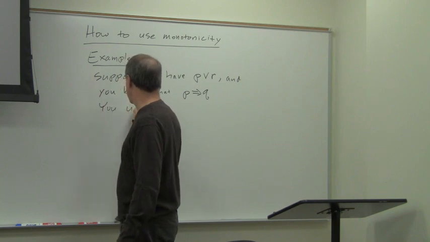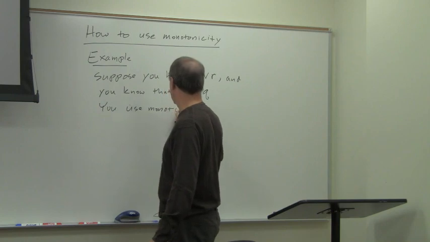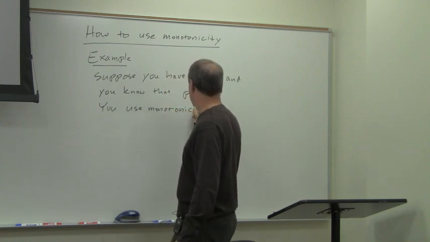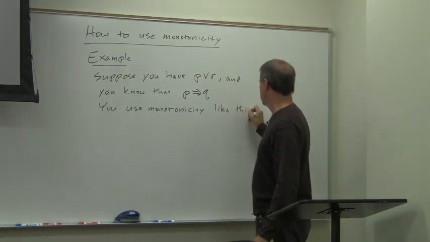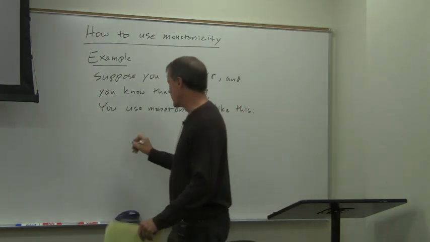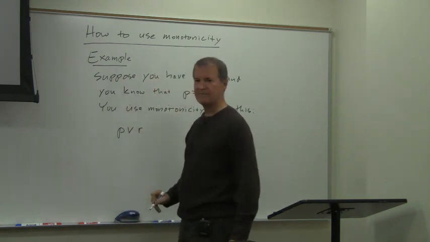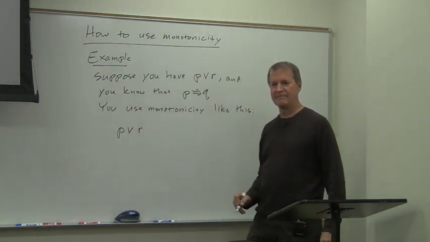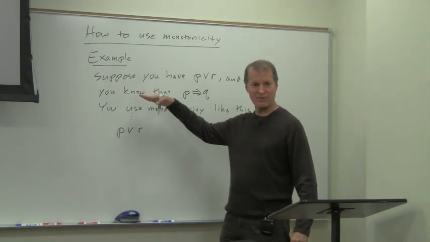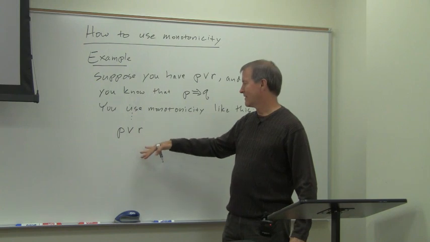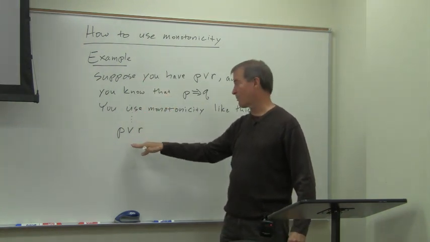Then here's how you use monotonicity. You've got P or R, as part of the proof, dot, dot, dot. Suppose you're going through some long proof, and at this point you've got this.